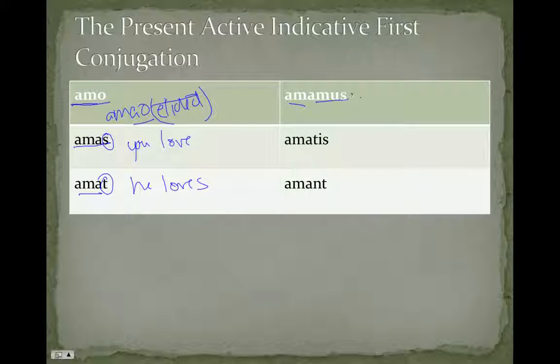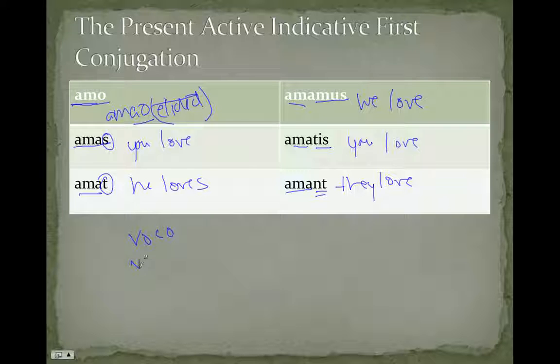Amamus, stem plus ending, we love. Amatis, stem plus tis, you plural love. And amant, stem, ending, they love. And we can do this with just about any verb. We can do it with voco, to call.